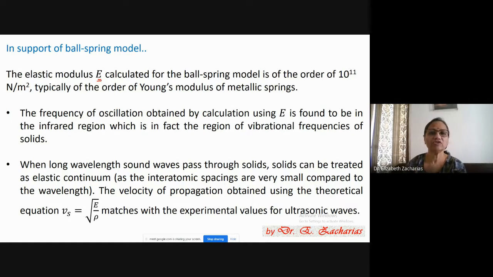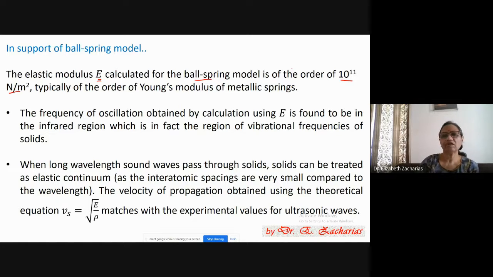So let us actually calculate using this ball spring model. If you calculate the elastic modulus using some software, you will get it around 10 to the power of 11 Newton per meter square. You do this modeling and then make a calculation.